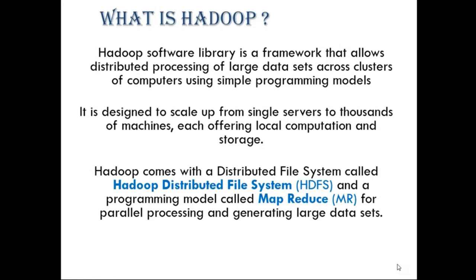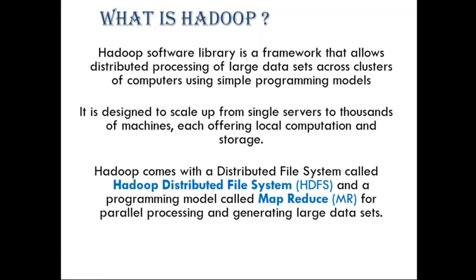So let me quickly walk you through what Hadoop is. Like I told yesterday, Hadoop is a framework that is built to store and analyze big data. How will it accommodate such huge data sets when it was not possible with RDBMS? Hadoop comes with two major ingredients.